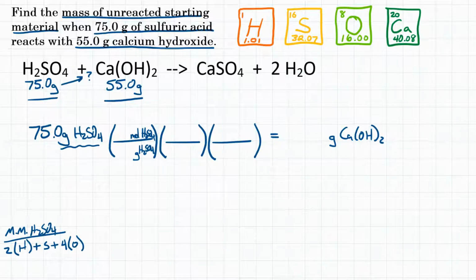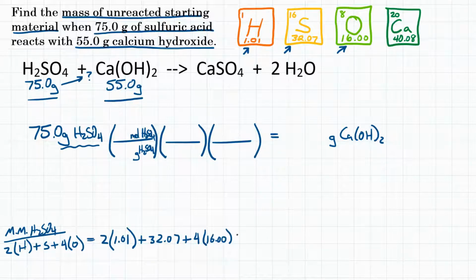Looking at the periodic table, hydrogen is 1.01 grams per mole, plus the molar mass of sulfur, 32.07 grams per mole, plus 4 times the molar mass of oxygen, which is 16.00 grams per mole.